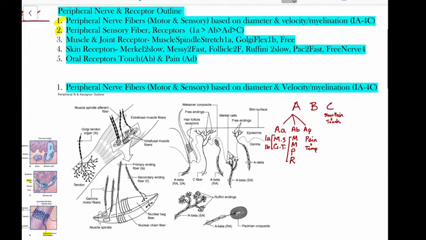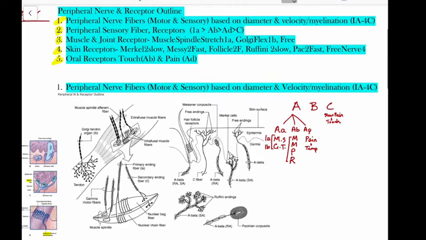Then we will talk specifically about the receptors for muscles and joints to cause contraction and stretching, and then receptors in the skin for pain, temperature, and then related to dentistry, oral receptors. So let's jump right into it. And first one will be the peripheral nerve fibers.